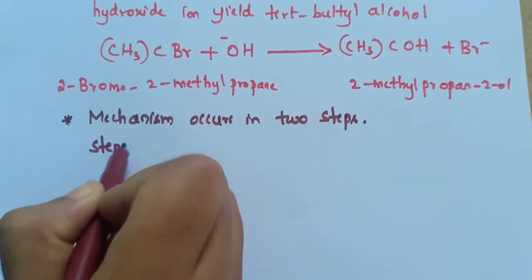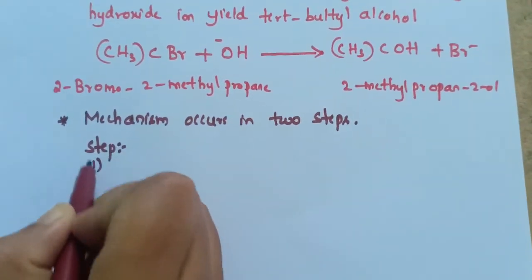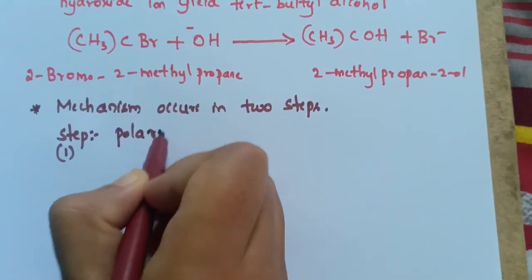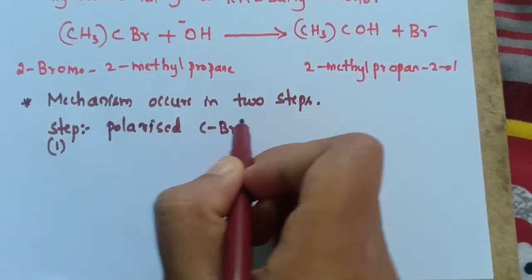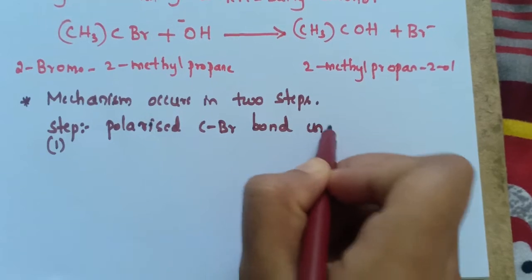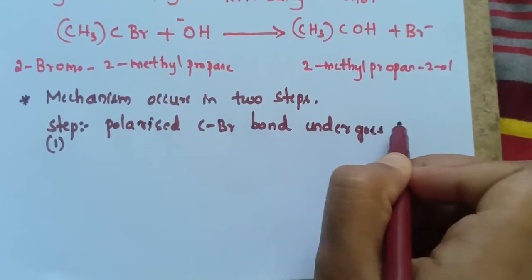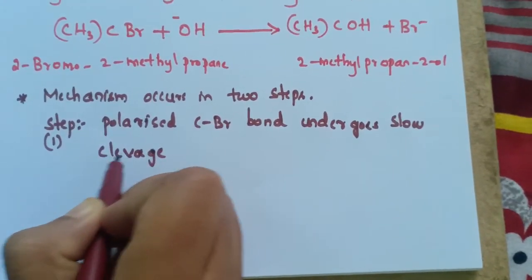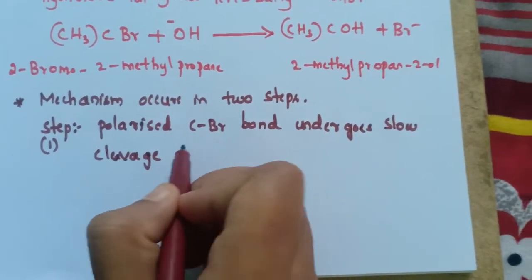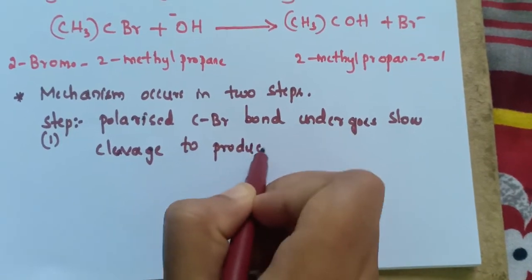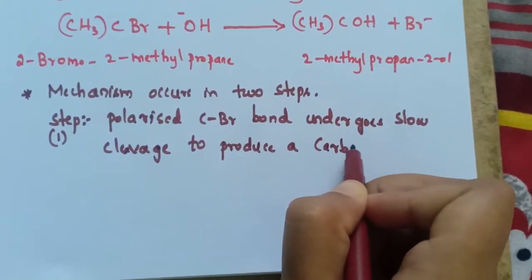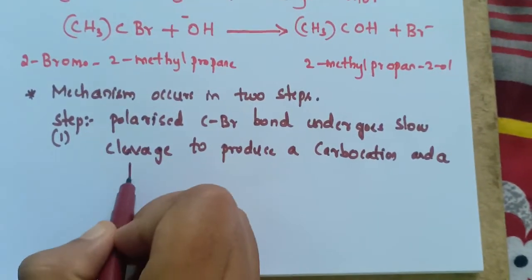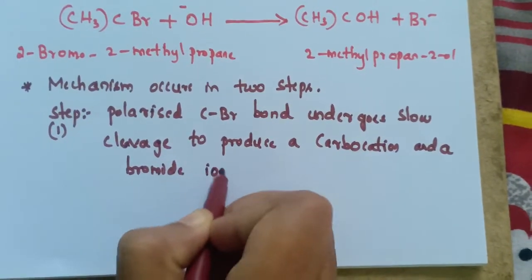Step 1. Here the polarized C-Br bond undergoes slow cleavage to produce a carbocation and a bromide ion.